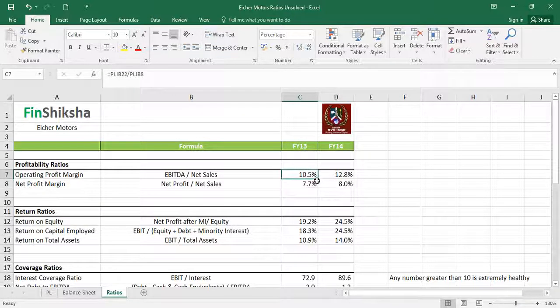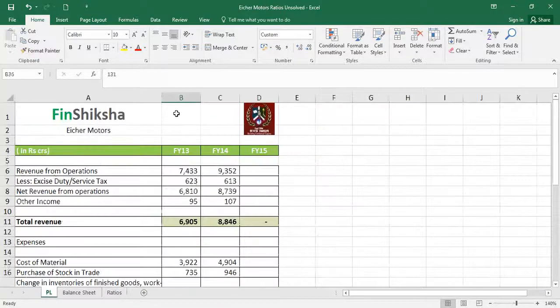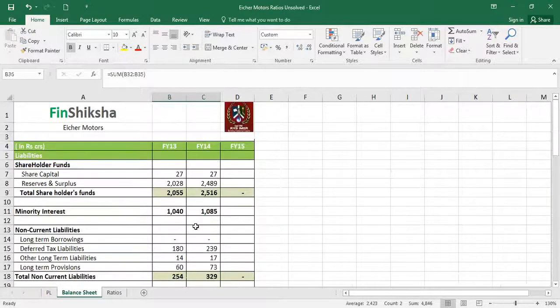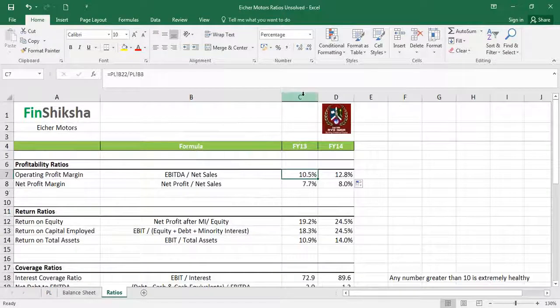Excel allows you to basically drag and drop all these numbers. So once you've calculated it for any 1 year, all you need to do for another couple of years is just drag and drop. The same thing could be done by putting another couple of years of numbers of the company in the sheet. Just put in the numbers for the previous 2 years as well, and just insert a couple of columns here, and just drag it on the left side or copy and paste it on the left side, and you will have the calculations available there as well.